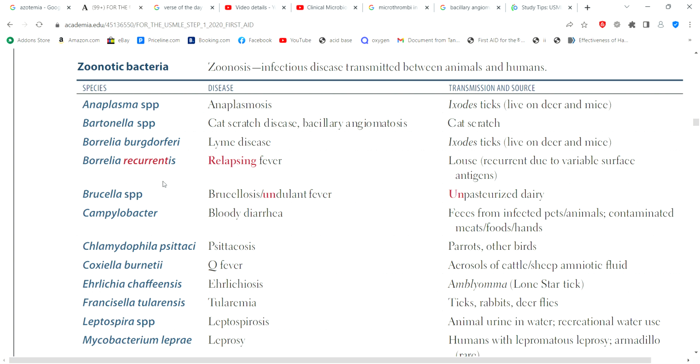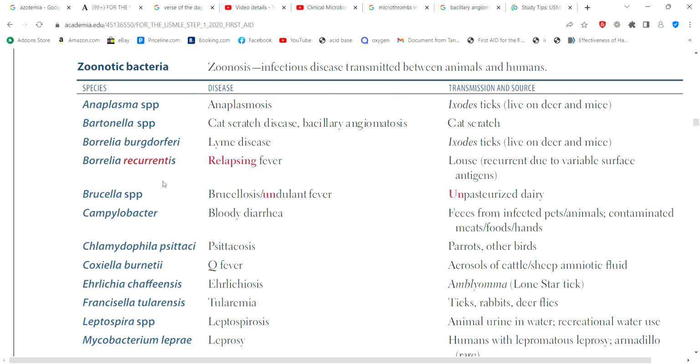Just keep saying that every time so you don't forget it. So Borrelia burgdorferi causes Lyme disease. It's carried by the Ixodes tick, which lives on deer and mice. Now, Borrelia recurrentis causes relapsing fever.